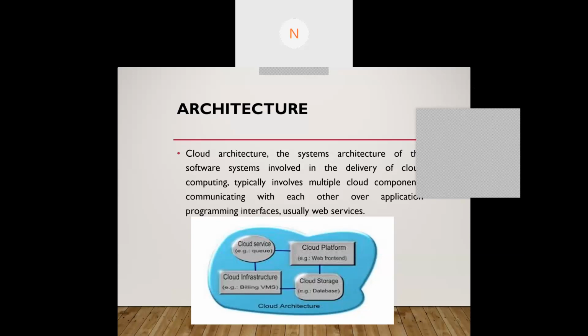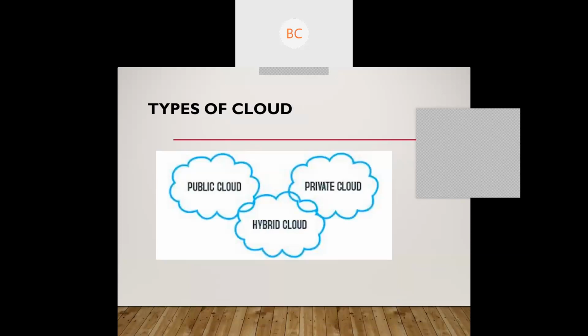Something similar to that is your cloud storage system. So you have a huge space. It's just a virtual space. Nothing is physical in cloud. You have a huge space and you access it based on the amount that you paid for. So that's the architecture of cloud.